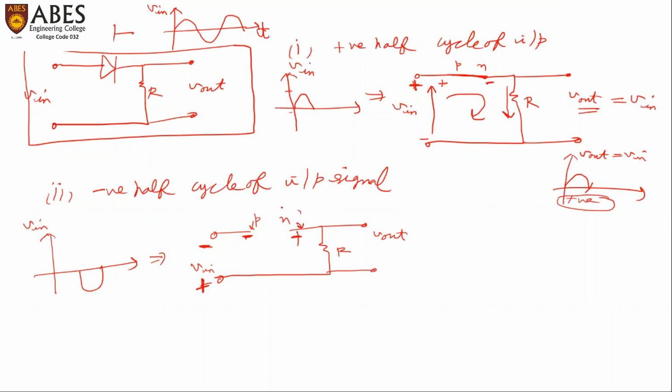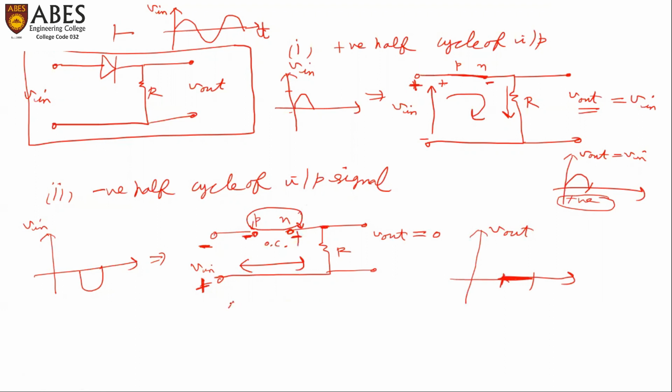That means the diode is reverse biased, and if the diode is reverse biased, we can say that this is an open circuit. And if this is an open circuit, there is no connection from input to output side, and at the output we cannot get any output; the output is simply zero. So for the negative half cycle, the output voltage is simply zero, right?